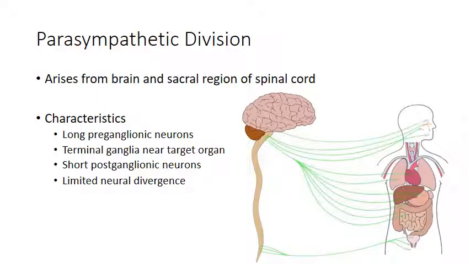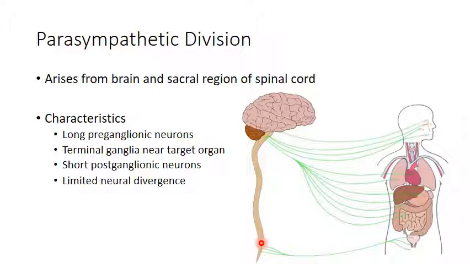One of the first things that you may notice about the parasympathetic division, at least compared to the sympathetic division, is where these fibers are arising from. With the parasympathetic division, we're going to see origination in the brainstem, as well as from the sacral region of the spinal cord.